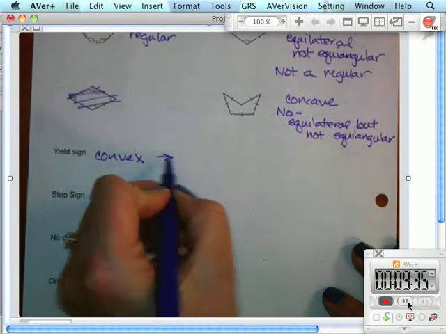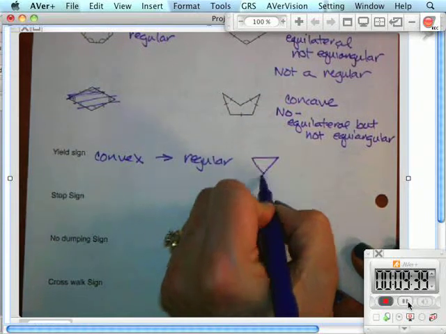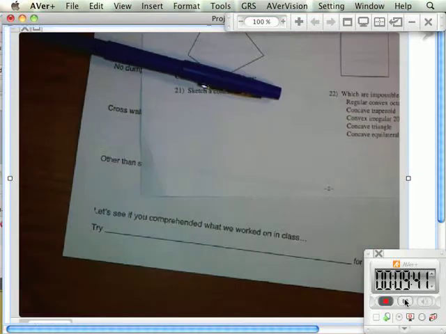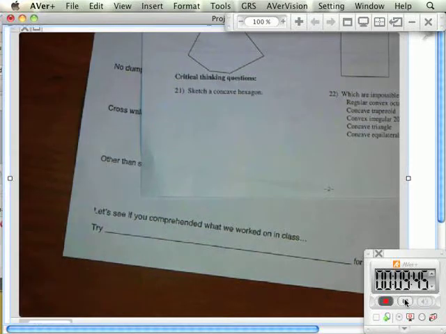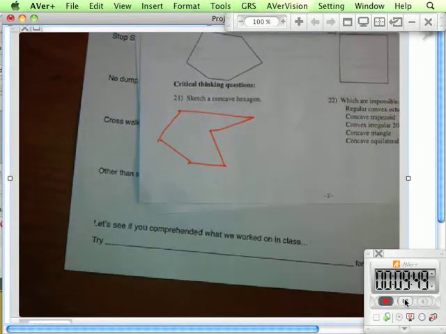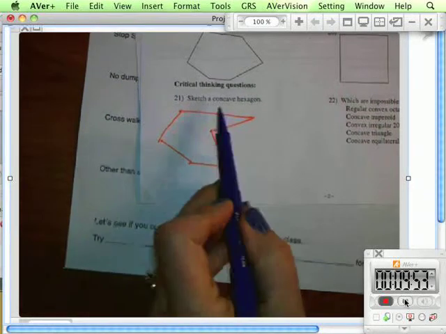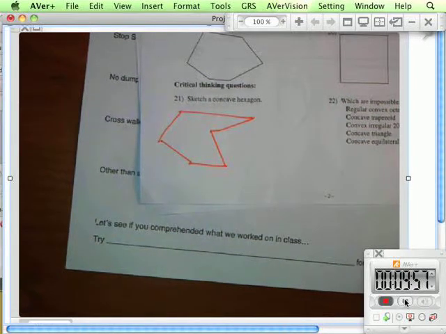It is a regular polygon. It looks kind of like this. Okay, this is sort of what mine looked like. Did you get something like that? Yeah. One side has to cave in a little bit, right? It doesn't say it has to be regular, but it has to have 6 sides and it has to be concave.